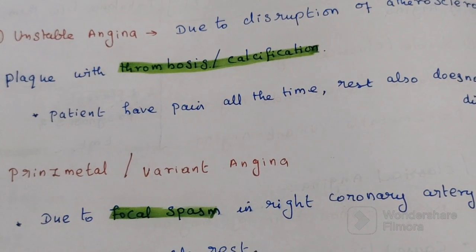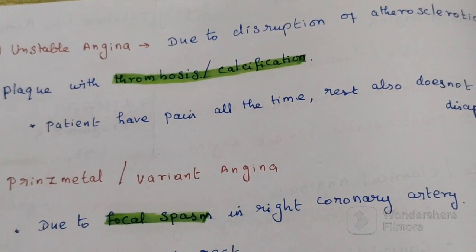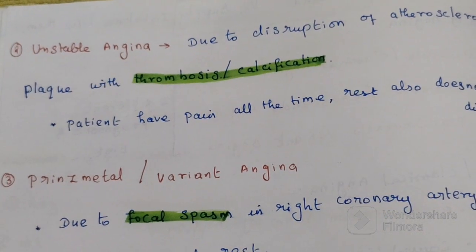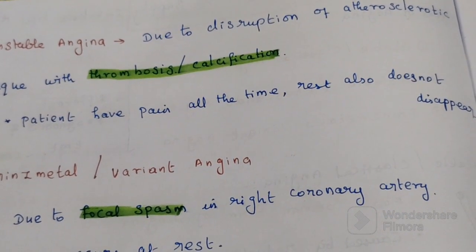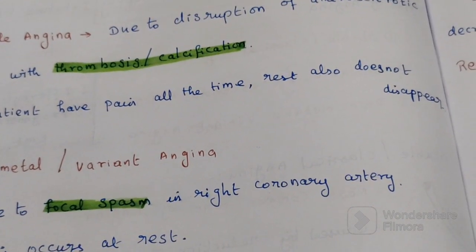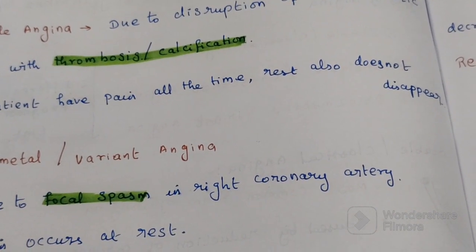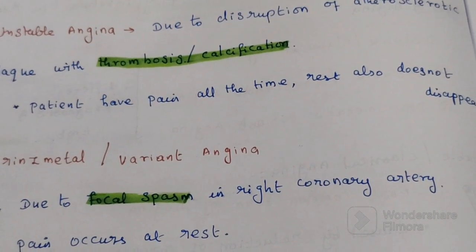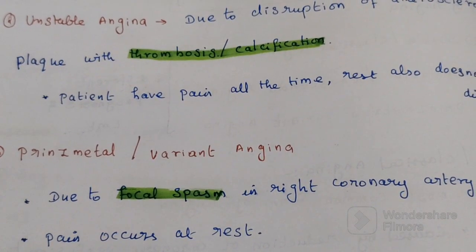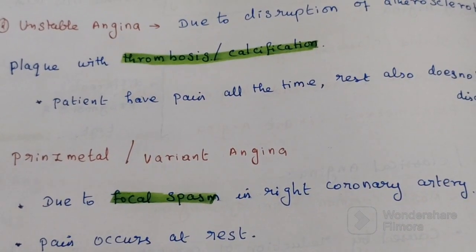Sometimes it can cause complete obstruction of that coronary. So the patient can have pain every time, at exertion and also at rest. This differentiates unstable angina from stable angina: in stable angina the pain is gone at rest, but here the pain continues.